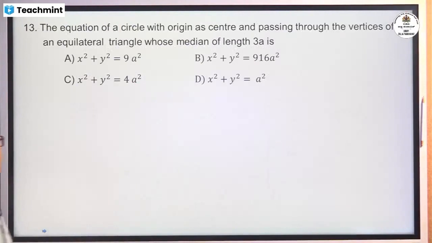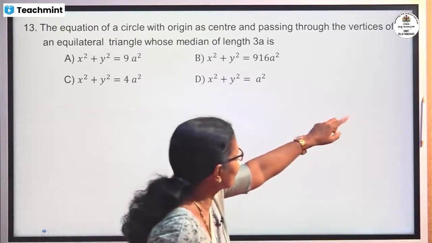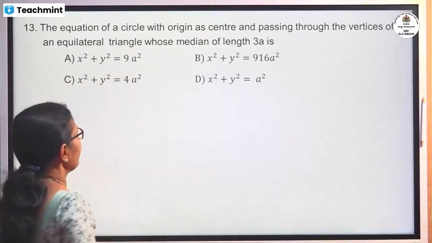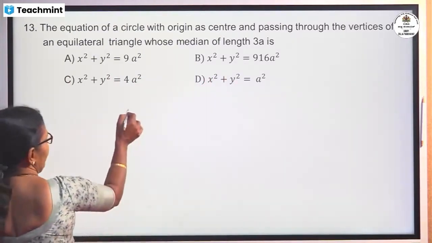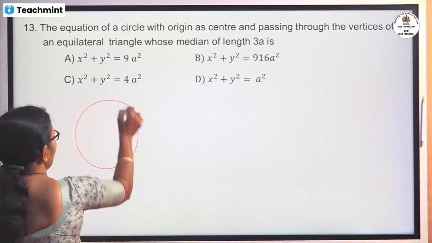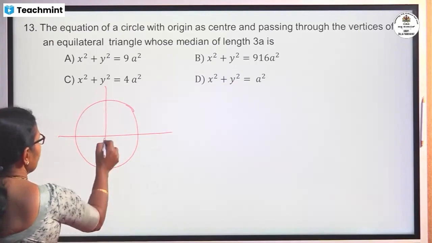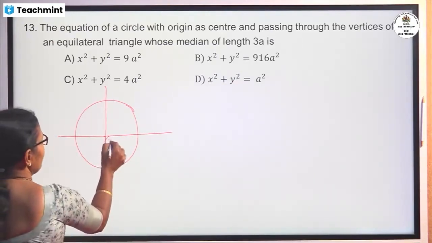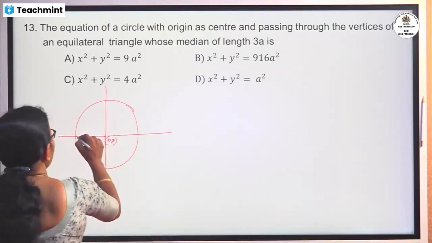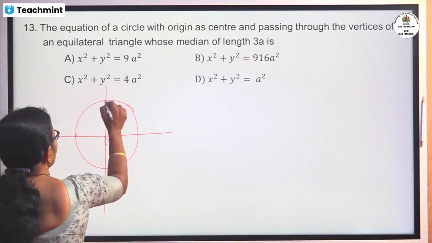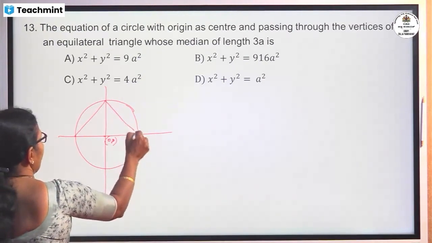Move to the next question. The equation of a circle with the origin as the center and passing through the vertices of an equilateral triangle whose median is of length 3a. The center of the circle is 0, 0, and it passes through the vertices of an equilateral triangle like this.